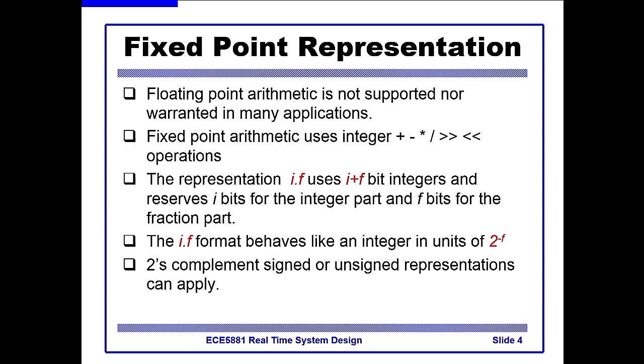And in C programming, you can do integer arithmetic very easily with these operators: addition, subtraction, multiplication, division, and shifting left and right. Division is a special case. It's integer division. You don't have a remainder available in C programming, although in hardware, of course, you would have that available if you wanted it.